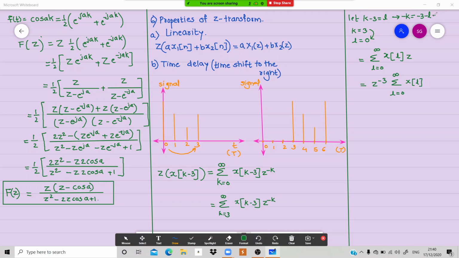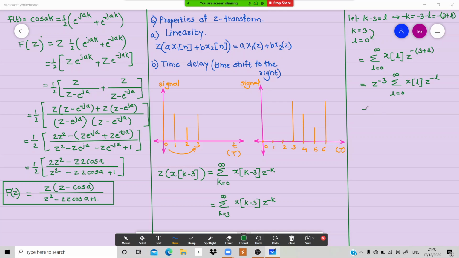So I can write it as minus inside the bracket 3 plus L. Yeah, now it's correct. So Z raised to minus K means it is minus (3 plus L). Correct. So you have taken minus 3 out, Z raised to minus 3. So what remains? Z raised to minus L.